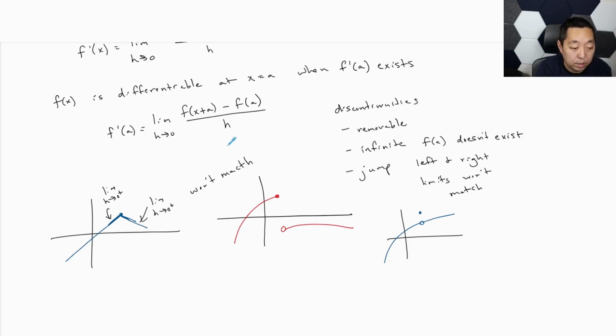Remember, if the left and the right don't match, then the limit itself doesn't exist there.